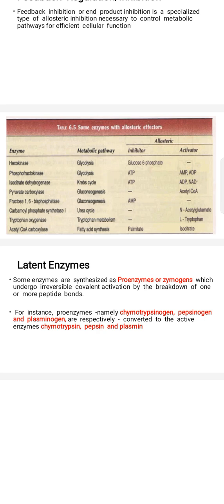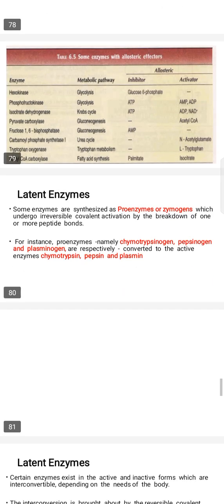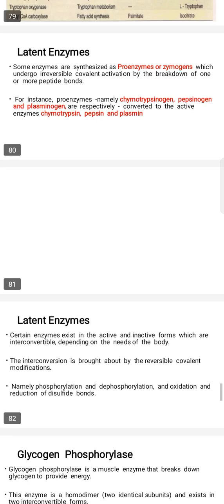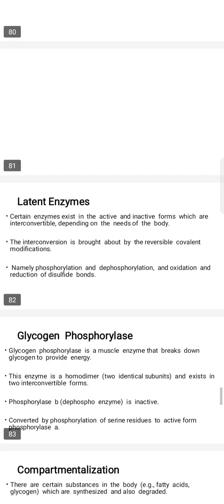But ATP is an inhibitor because when you have excess ATP in a cell, there is no need for phosphofructokinase to also produce ATP for you. So that's what the table is talking about. So we have the enzyme, metabolic pathway, inhibitor, and the activator. Sometimes it normally comes in the exam, so you can take notes of it.